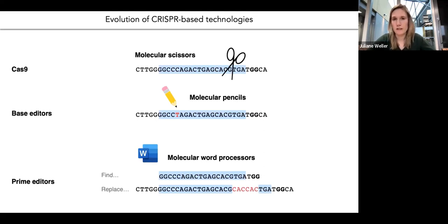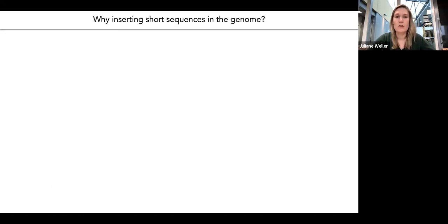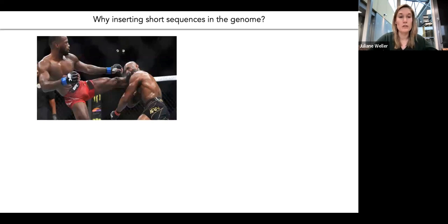And we were really fascinated by prime editors. So we wanted to understand better how they work, and in particular for short sequences. Short sequences are interesting because you can use them to generate gene knockouts, for example, by inserting a 4-nucleotide sequence that has a stop codon, but also introduces a frame shift.